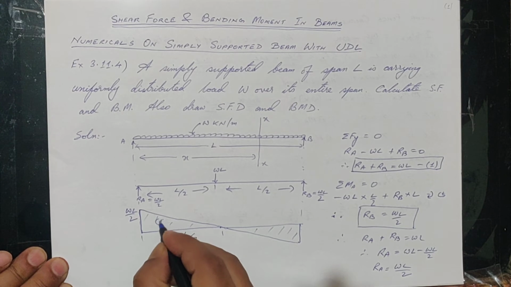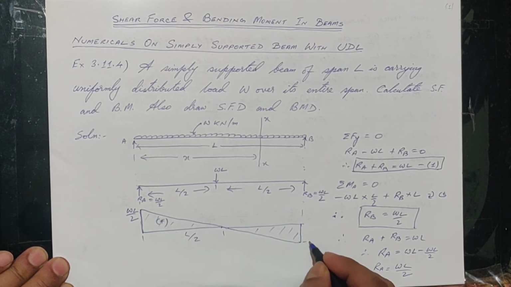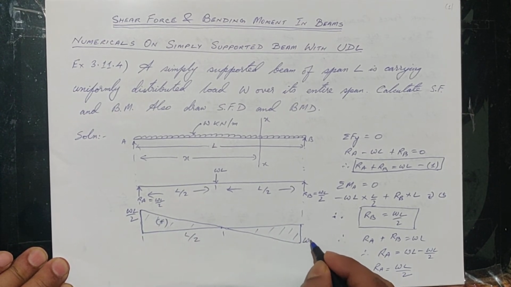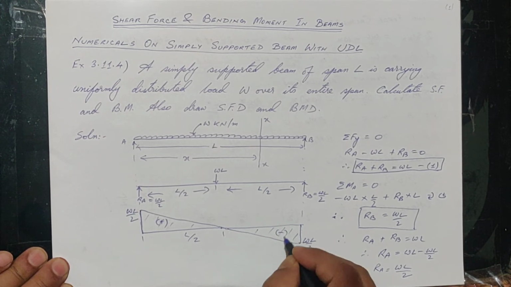This is positive. And here we have again WL by 2, which is negative.